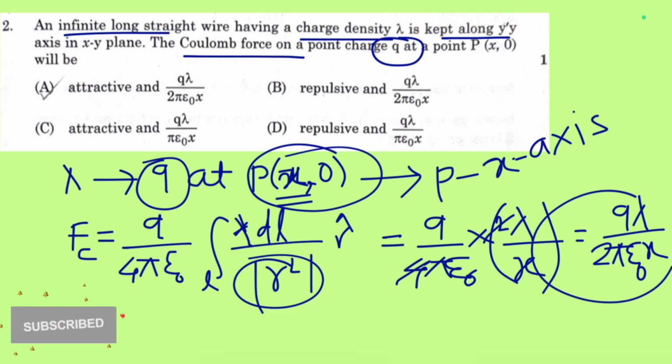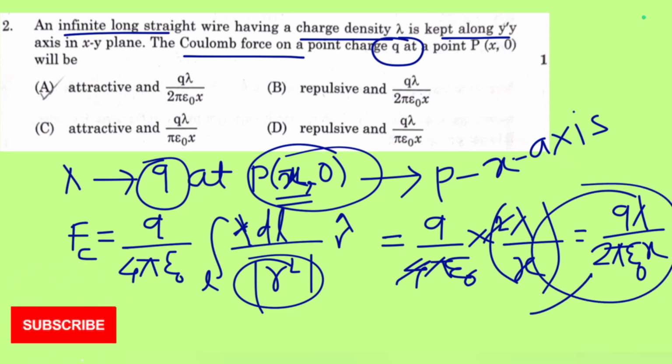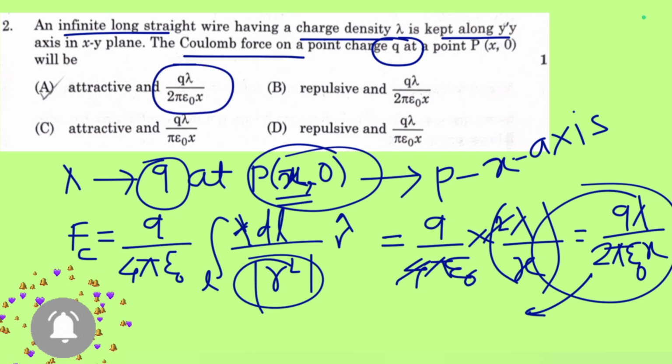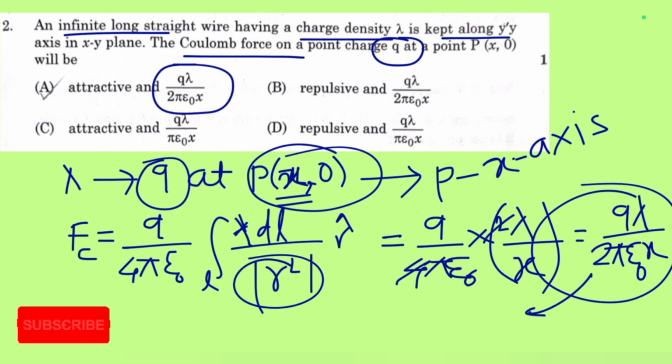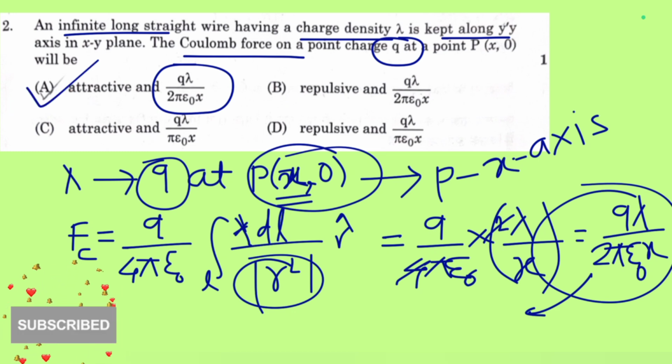Now I will check whether this option is given somewhere or not. You can see it is option number A, that is attractive, and q lambda upon 2 pi epsilon naught x. Okay, I hope that you got this solution.